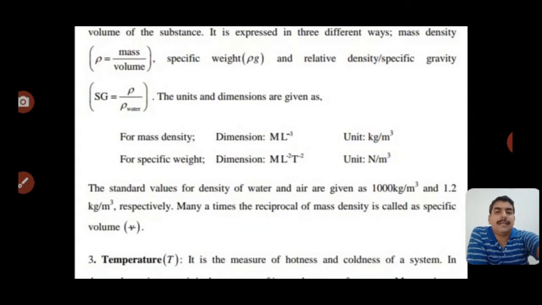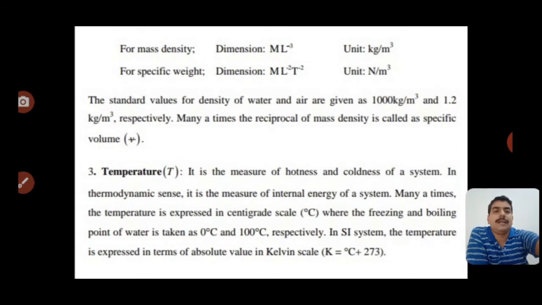Now the next property is temperature. Temperature is a basic property studied in all types of matter, like solid, liquid and gas.